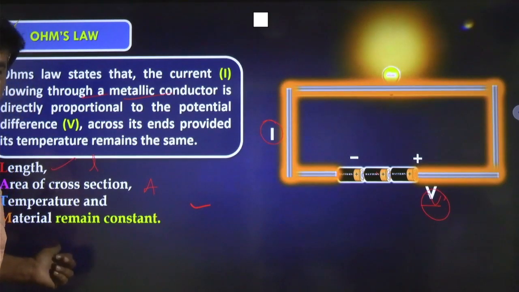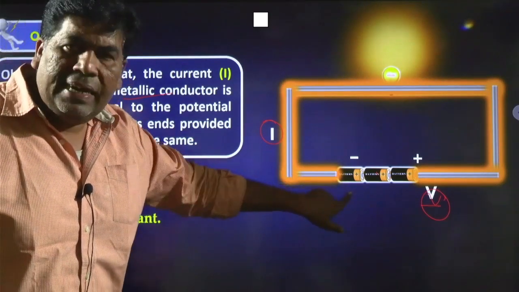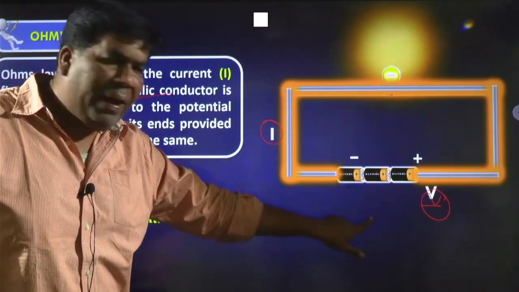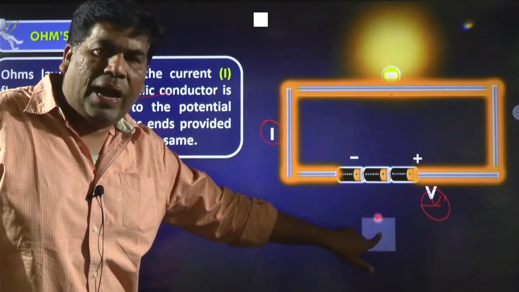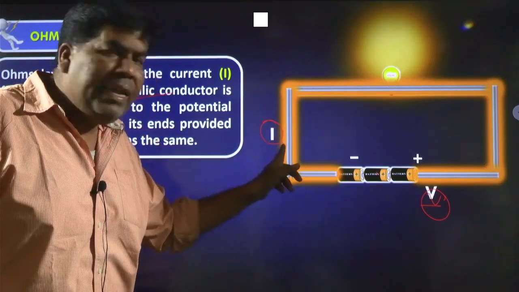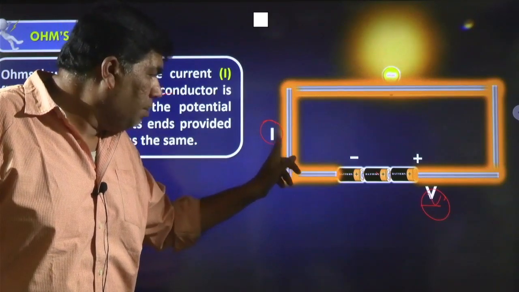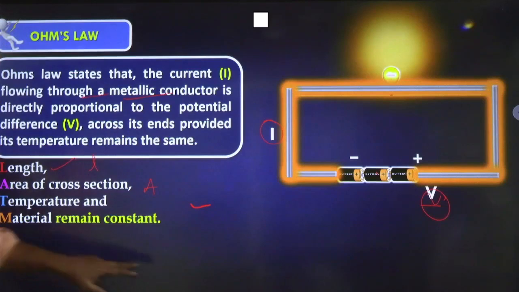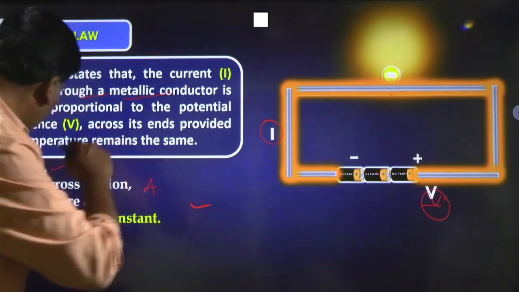In the first condition we applied one battery, in the second two, and in the third three batteries. If the connecting wire material is the same in all three conditions, then V is directly proportional to I.